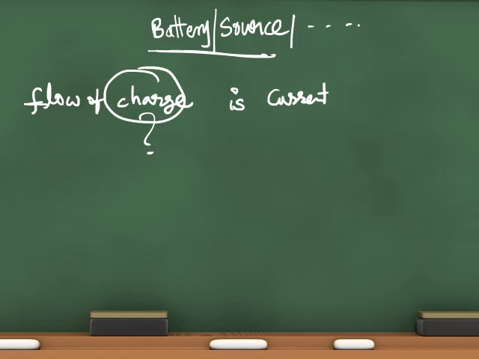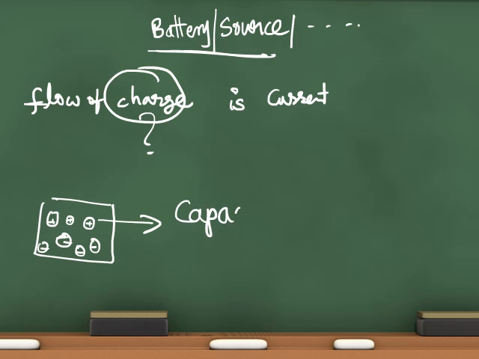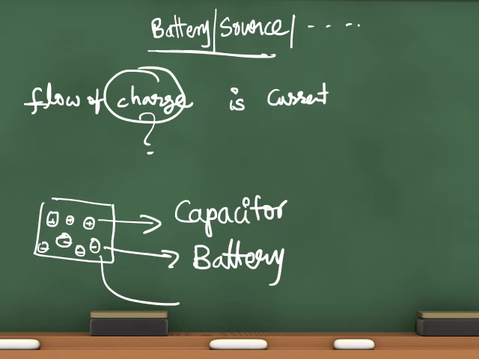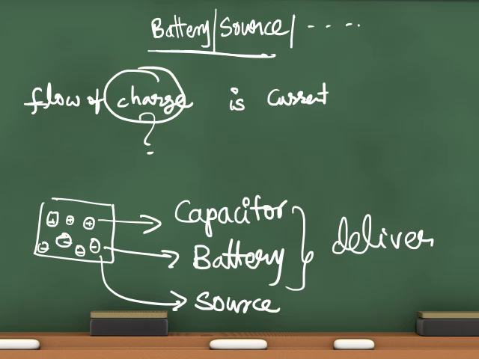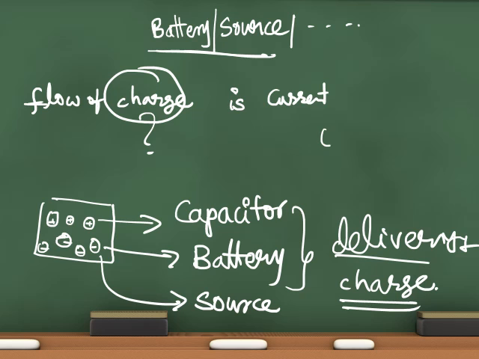We need a container to store charge. That container is called a capacitor or battery or source, which is capable of delivering charge. Charge is stored in a battery, right?